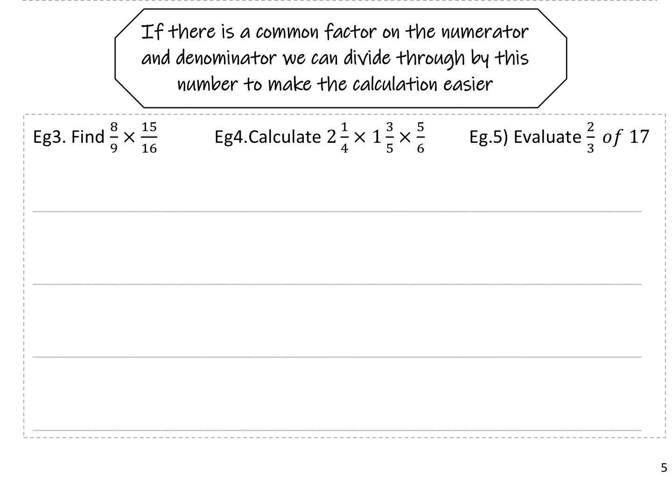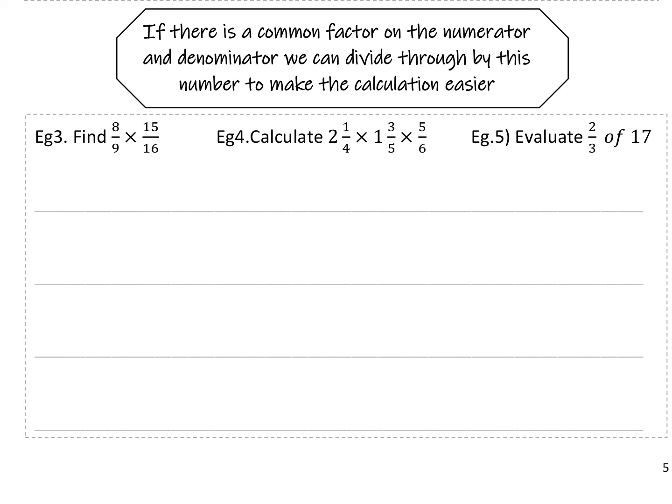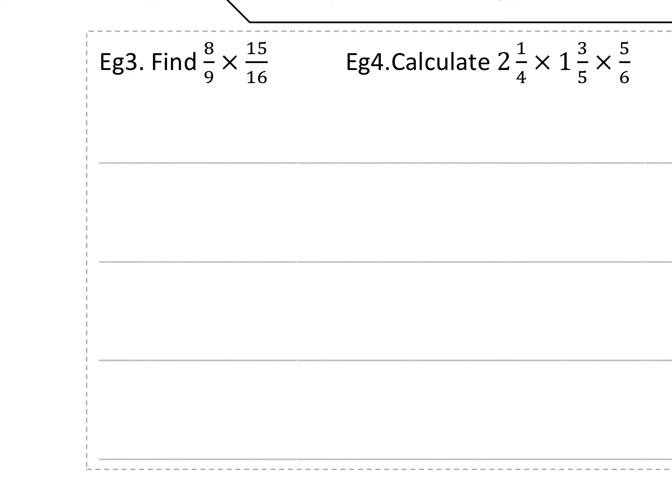Pause the video and try examples 3, 4, and 5. Example 3. We have the numerators multiplied together, 8 times 15, and the denominators 9 times 16. We can see a common factor of 8 on the numerator and denominator. So 8 divided by 8 is 1, and 16 divided by 8 is 2.